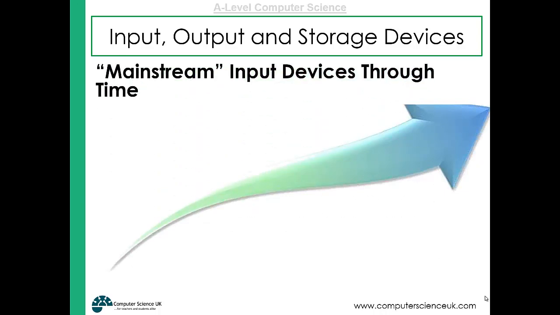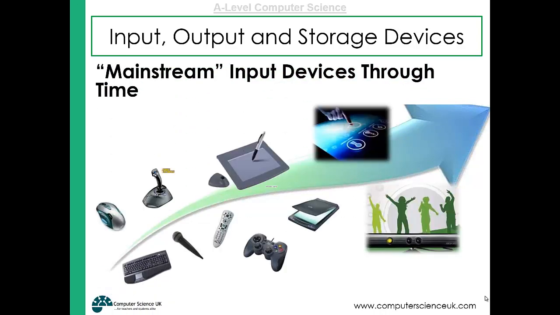Now, there have been a lot of input devices, and they have developed over time. So we've got a mouse and a keyboard, quite standard, all the way up to touchscreens and motion sensors. But all of these things send data to the CPU, so they're all examples of input devices.